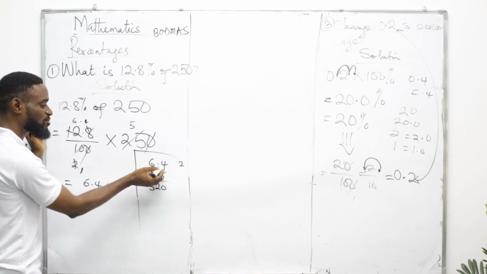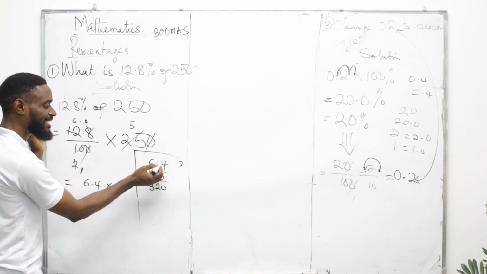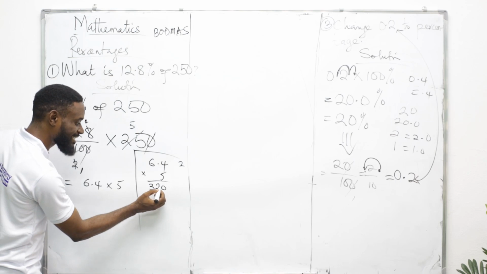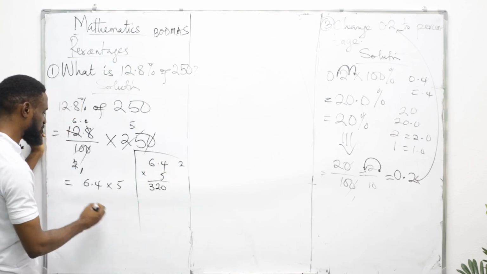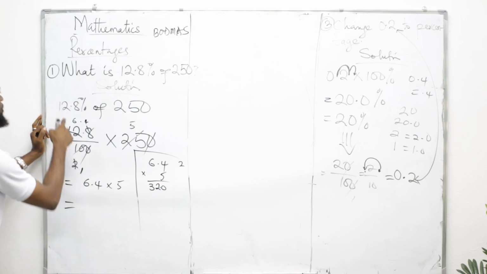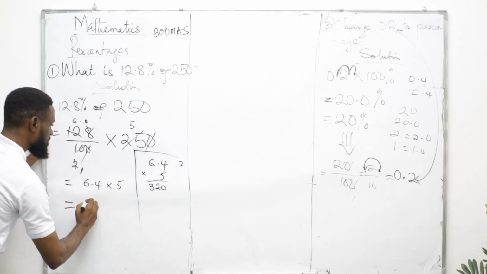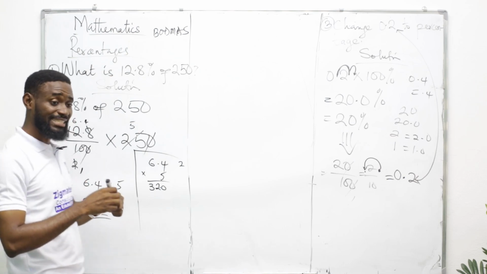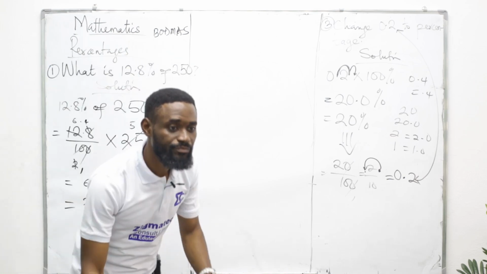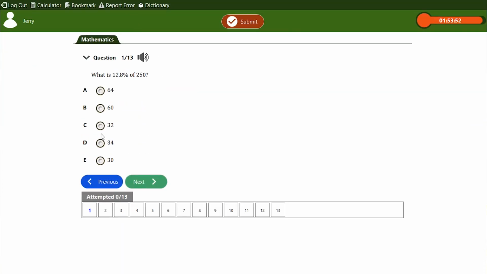Since we said there is one decimal point in this thing, we put it in at this place. So 6.4 times 5 is 32. This means 12.8% of 250 is 32. And if we look at our options, then we have option C as the correct option. Okay?